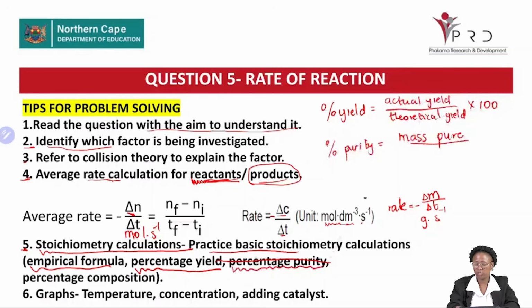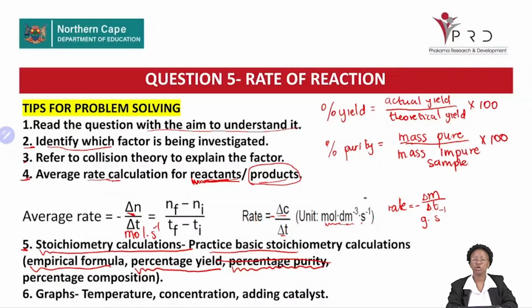We are actually looking at the relationship between a pure and an impure substance, so the mass of the pure over the mass of the impure sample. Again, because you are looking for a percentage, you are going to multiply it by 100. And make sure that when you get your answer, it is not going to be above 100%, right?